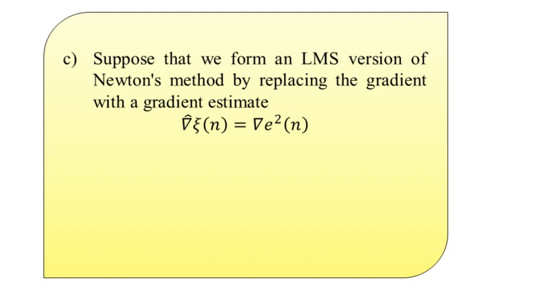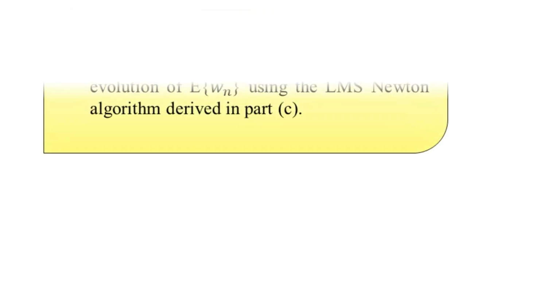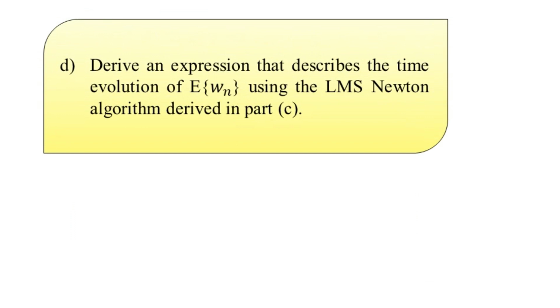We have to derive the coefficient update equation that results from using this gradient estimate and describe how it differs from the LMS algorithm. And there it is, part D. In part D, we have to derive an expression that describes the time evolution of the expected value of w suffix n using the LMS Newton algorithm derived in part C. So this is the complete problem statement here.